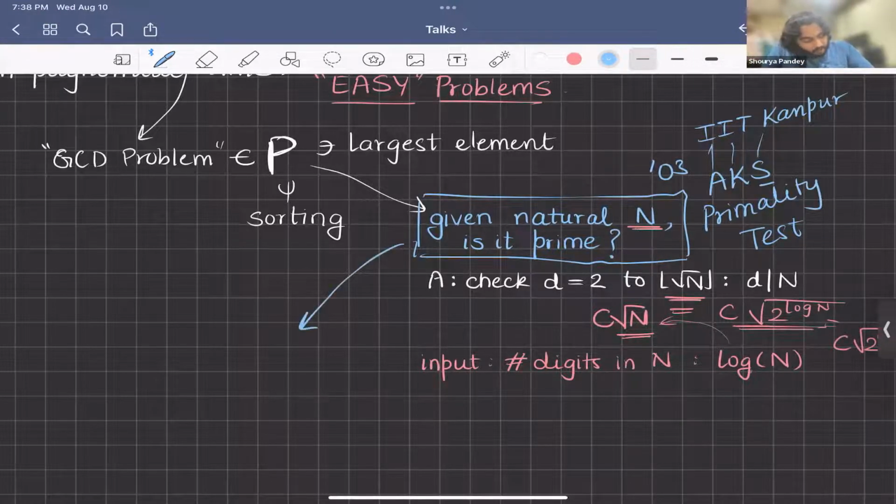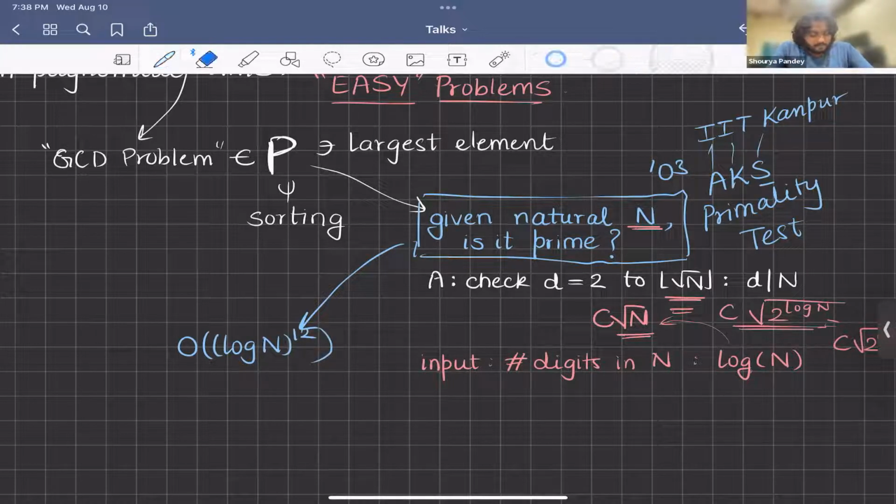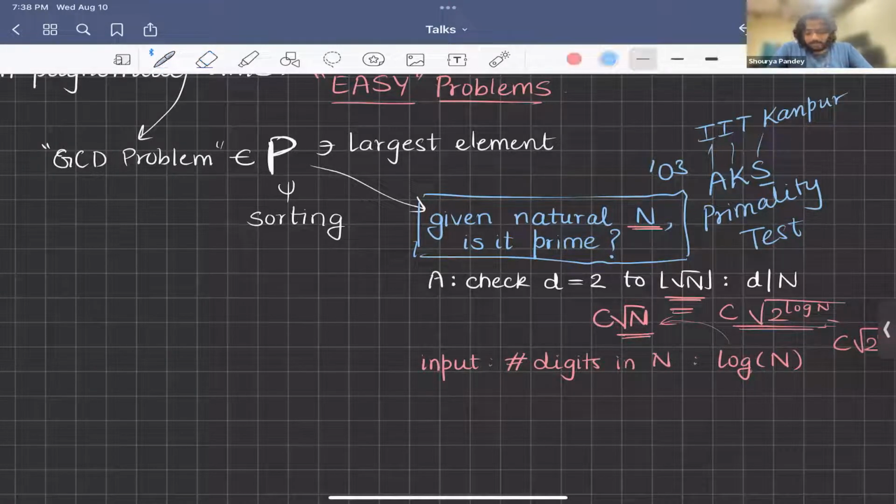Initially, the complexity was something like log of n raised to 12 or something. This is ridiculous. You don't see these sort of expressions. But then it was later reduced to 9, and if you assume the Riemann hypothesis, then you can say that the complexity is even smaller. So there are also conditional complexities on this.